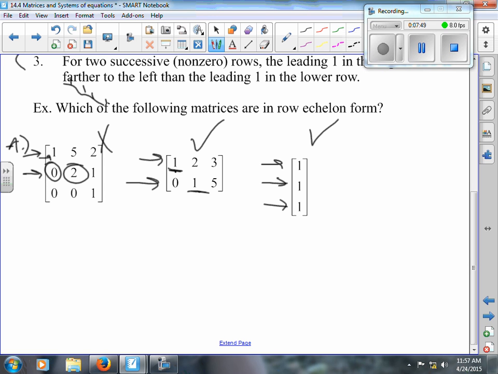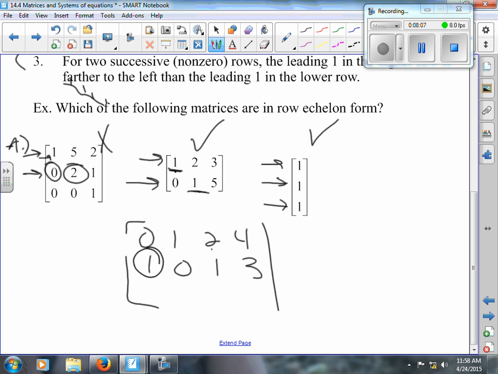Okay, so you want to see the first number has to be a 1. And then any other ones, so this is my first row, and I automatically do this, but I couldn't have had 0, 1, 2, 4, 1, 0, 1, 3, because this one is to the left of that one.